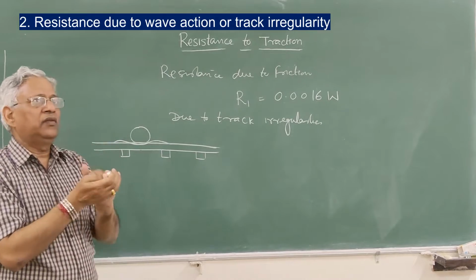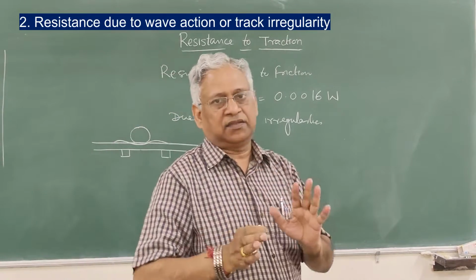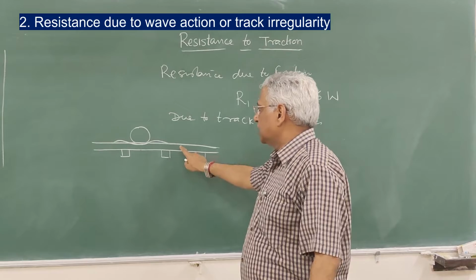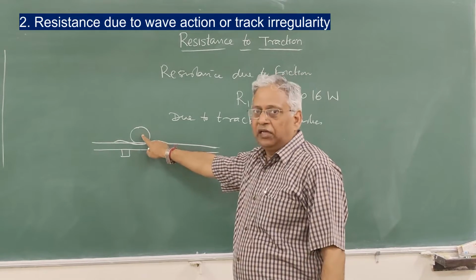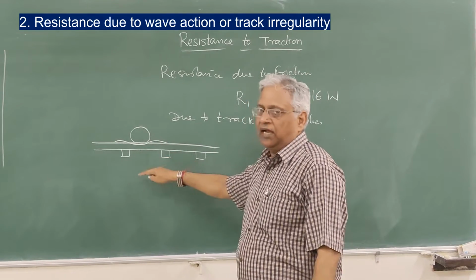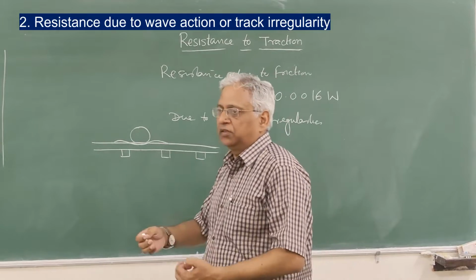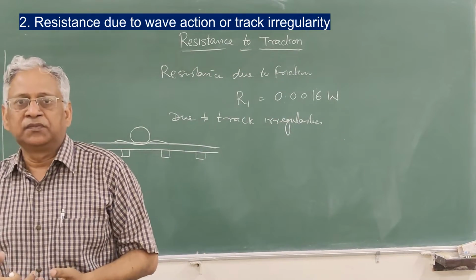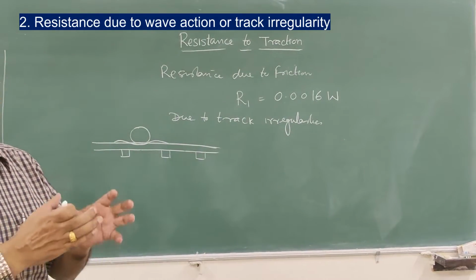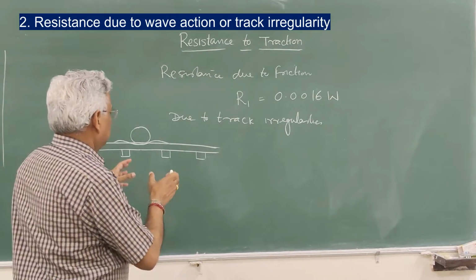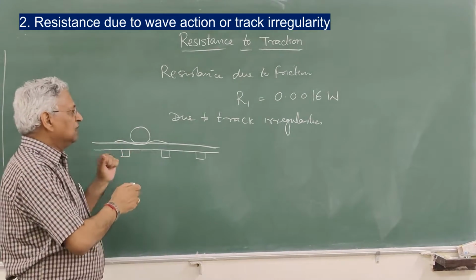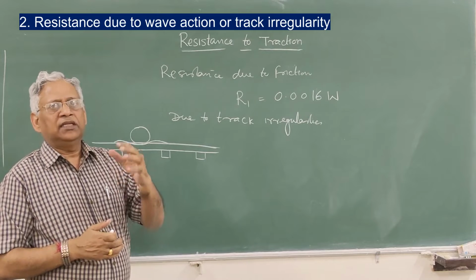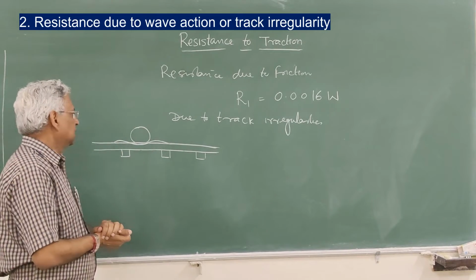Now this amount of deflection will depend upon several factors. It will depend upon the rail section, wheel load, condition of the track, how much support is provided by the sleepers, and how good is the fitting of the track. And it will also depend upon the speed of the train.